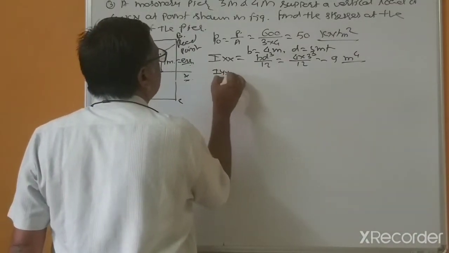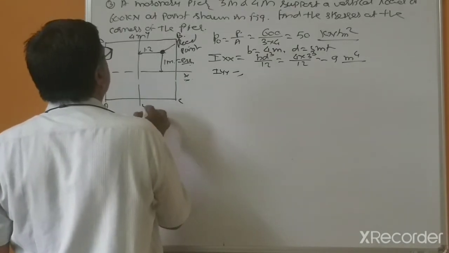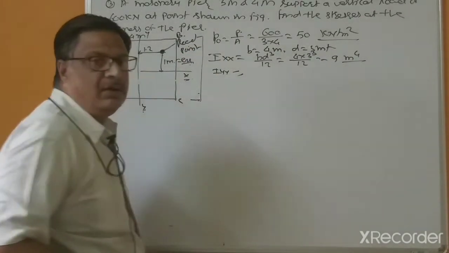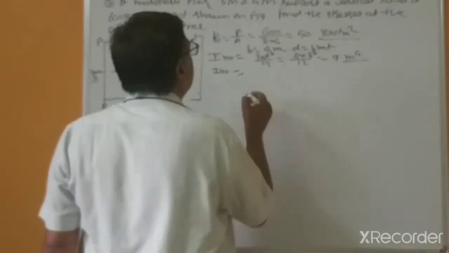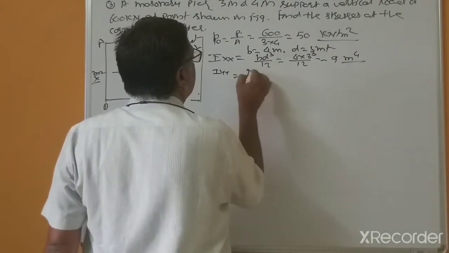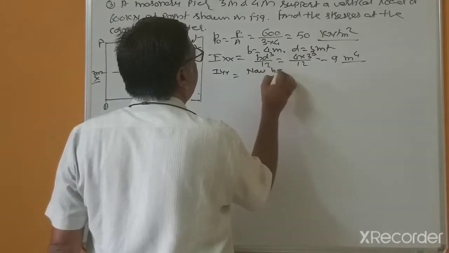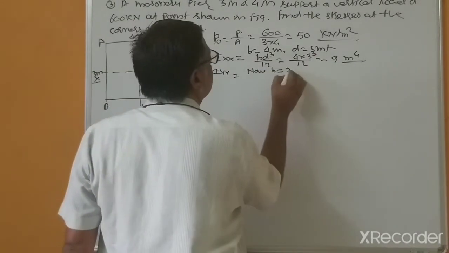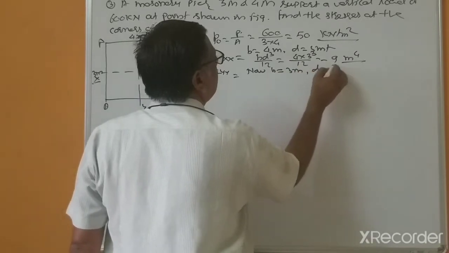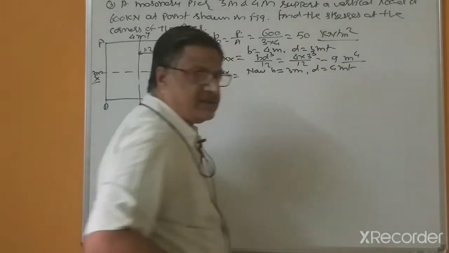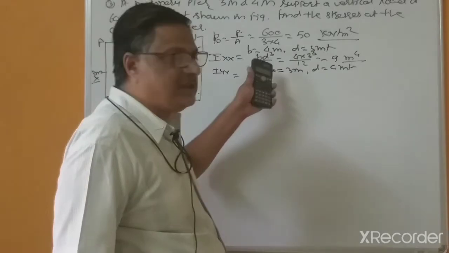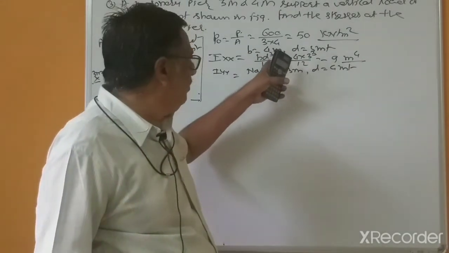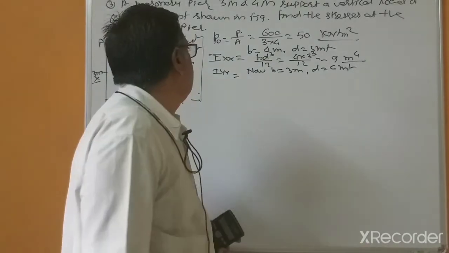Similarly, I y. Now B means breadth, B equal to 3 meter and depth equal to 4 meters. We are keeping the same basic formula BD cube divided by 12, the basic formula for rectangles.